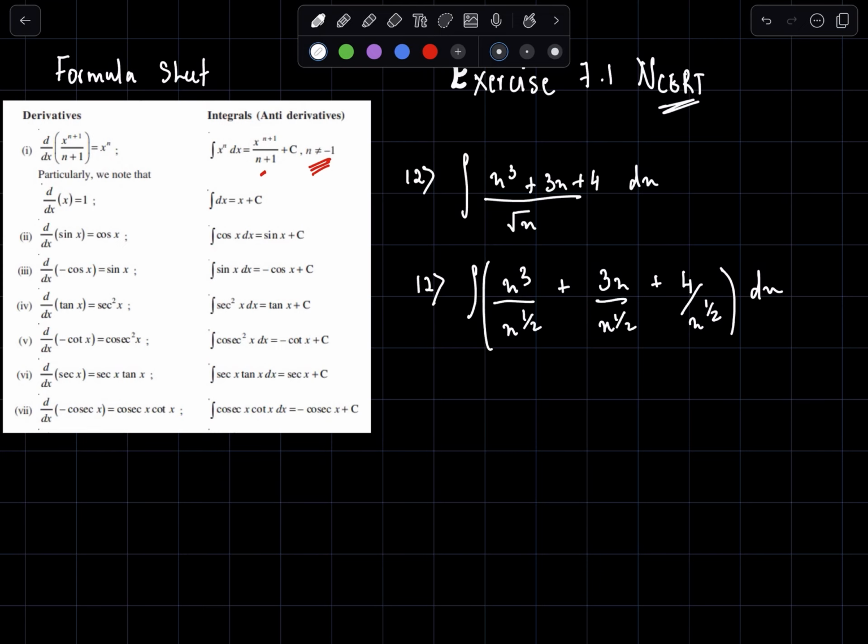So what would 3 minus half be? That would be 5 over 2, if I'm not mistaken. Multiply by 2: 6 minus 1 divided by 2, which is equal to 5 over 2.